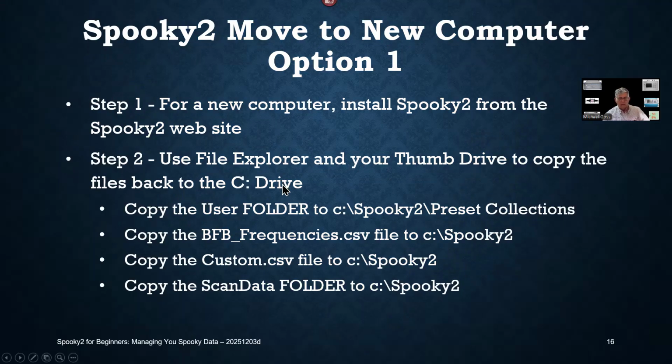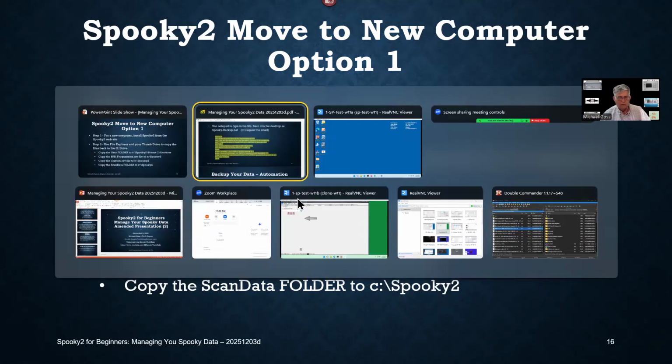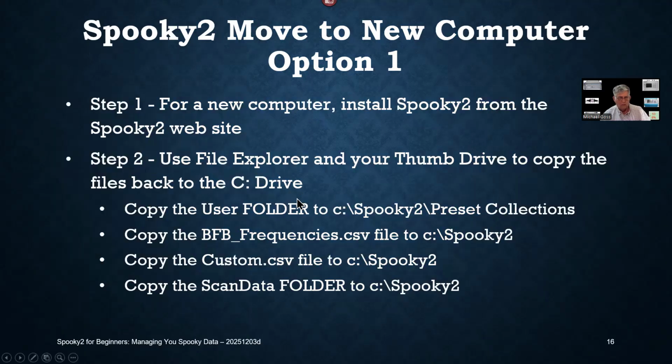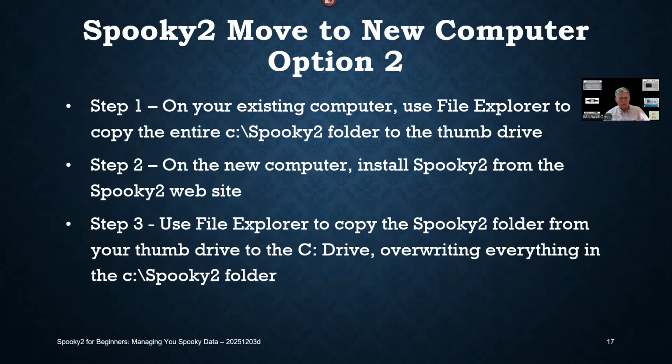It's not hard to do. So it's a drag and drop or a right click copy, that sort of stuff. So that's all you have to do to get all your data onto your new computer. It's quite simple. Okay. That's option one.